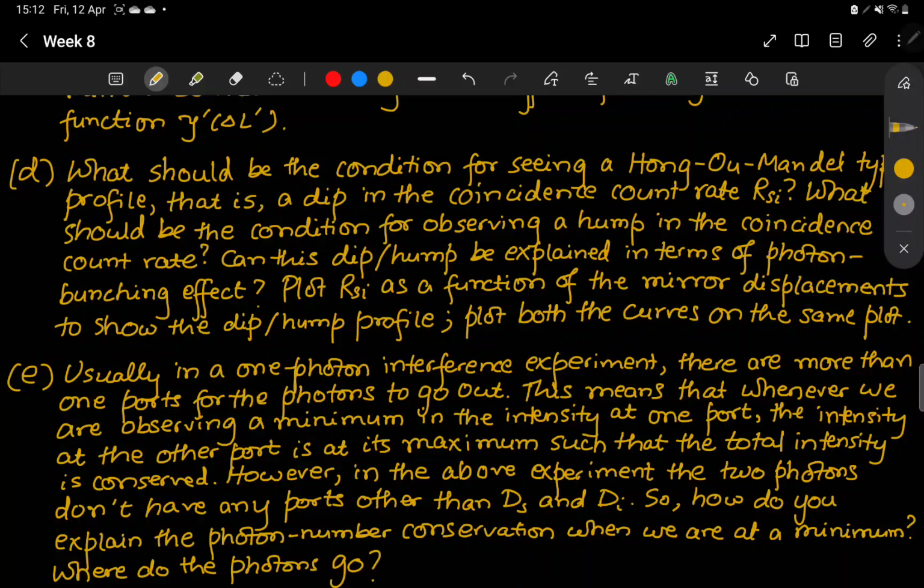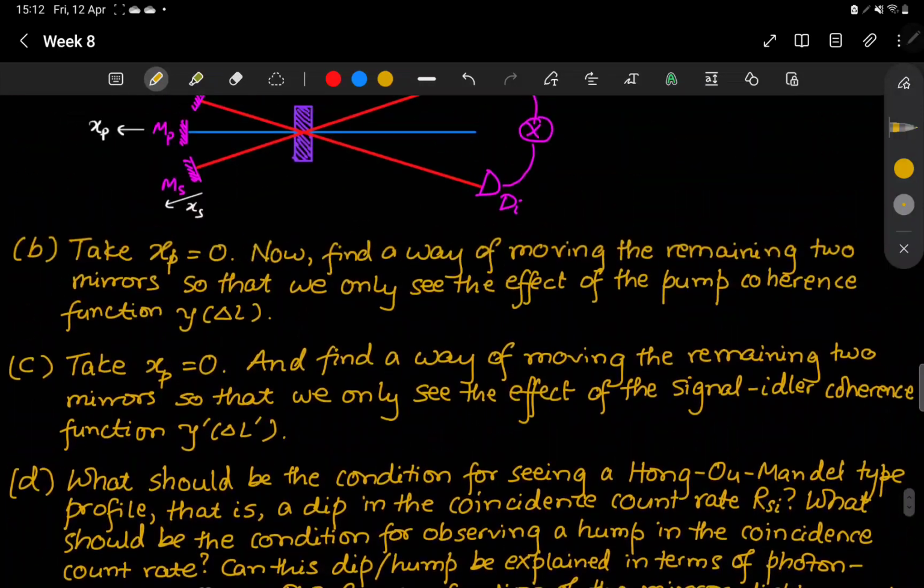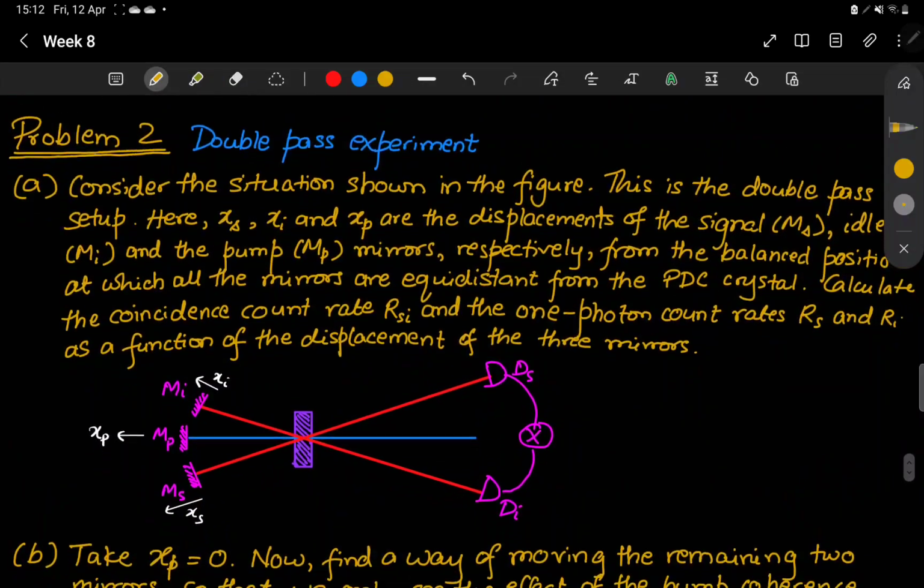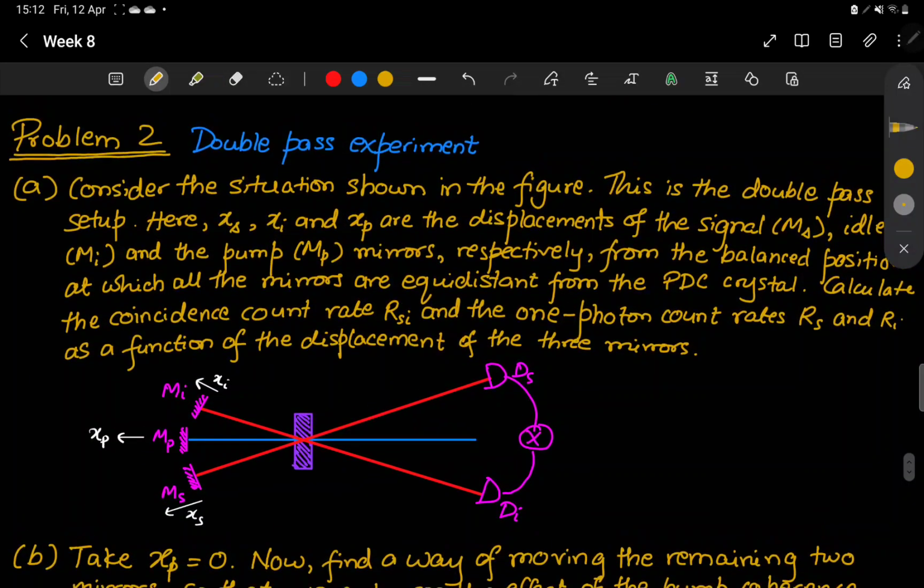Okay, so first read the question once again. Just look at this setup, take a few minutes to analyze this setup, and then we will discuss the solution.